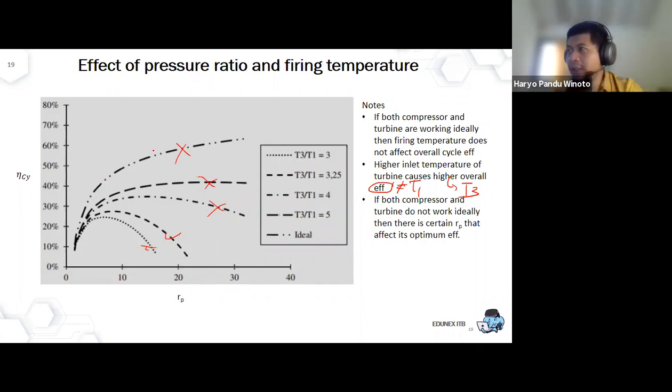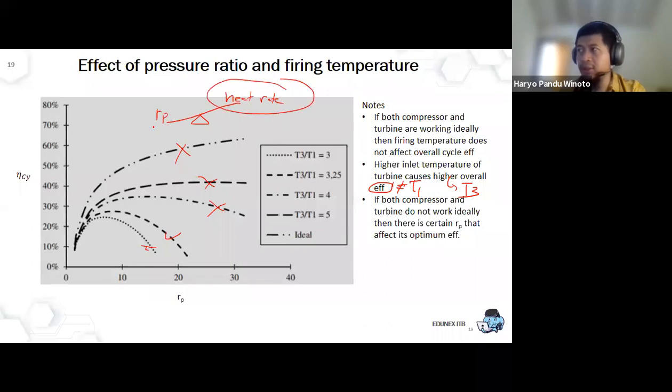There are always two things, like I always say to you before. It is called a seesaw effect. Here the pressure ratio, and here is the heat rate. Somehow you can pursue the heat rate and neglect the pressure ratio, but it's affected.